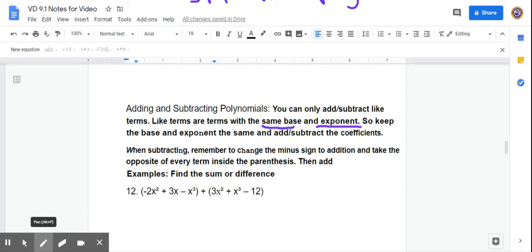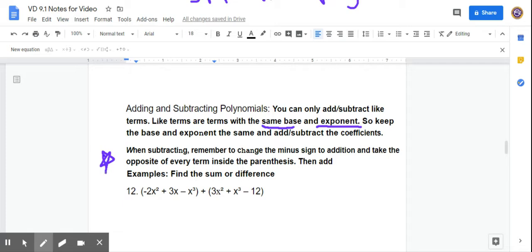Another thing to remember before I start the examples: when subtracting, change the minus sign to addition and take the opposite of every term inside the following parentheses. If we have a negative outside a set of parentheses, it's the same as multiplying by -1.